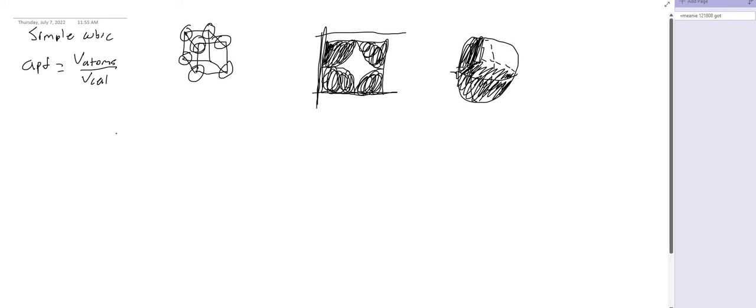Remember, they are stacking, and what we're looking for is a repeatable unit. So these extend back in 3D as well.